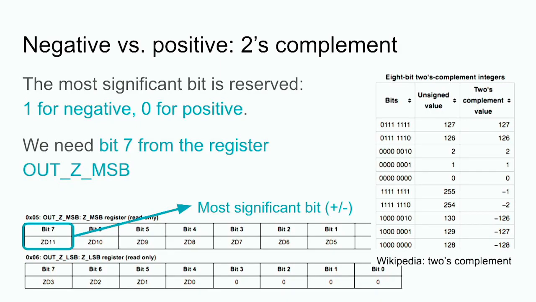So if it's a 1, there is a minus sign present, and if it's a 0, there's no minus sign present. There's more to 2's complement, but that's the important bit for this demo. So in this case, the most significant bit is bit 7, and if bit 7 gives us back a 0, then it is positive, and if bit 7 is a 1, then we have a negative number.